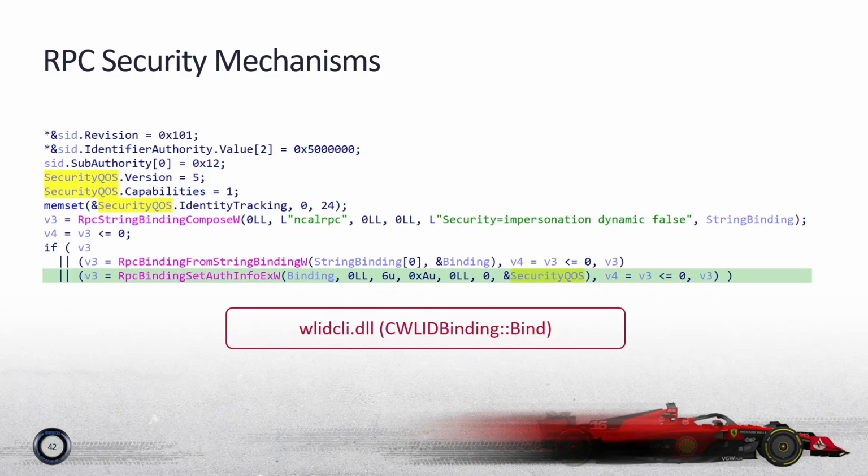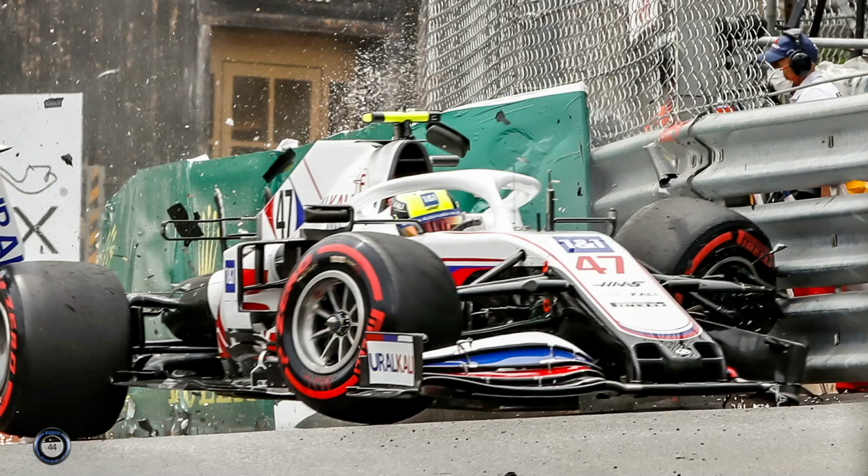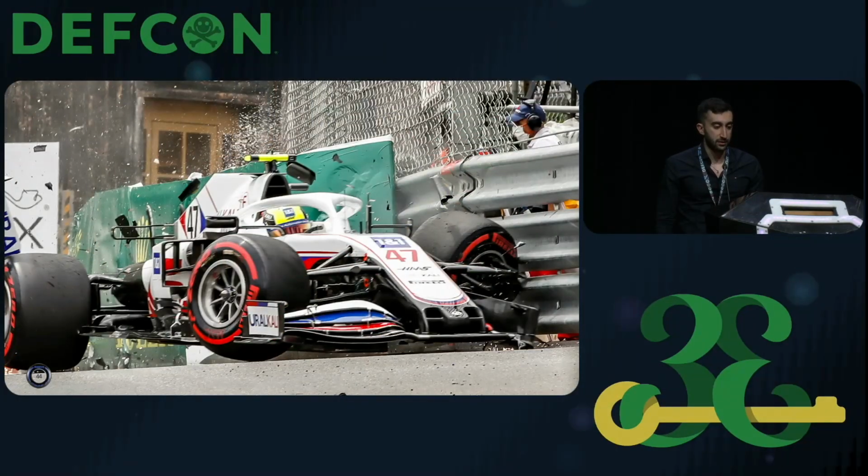For example, we can see that the RPC client of Microsoft Account Signing Assistant creates a security quality of service structure with the security identifier of the local system account, and then applies it to the binding handle. I was sure this time I will win the race, but I hit another obstacle.